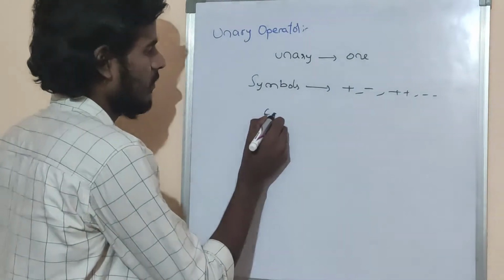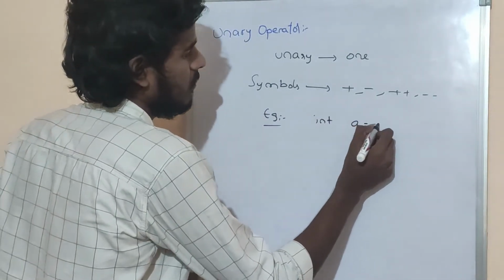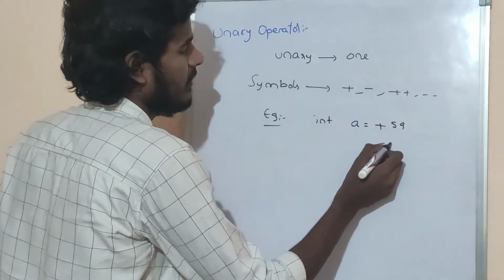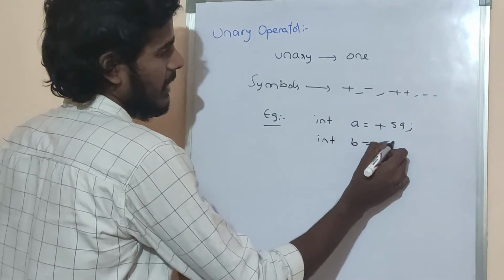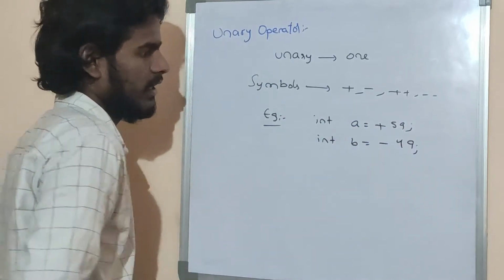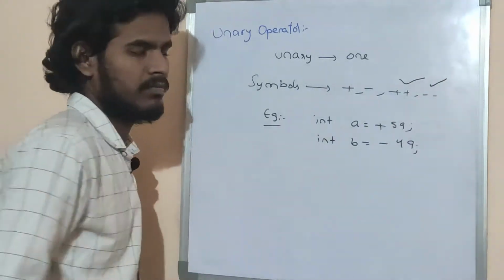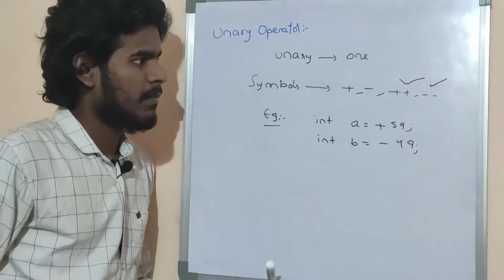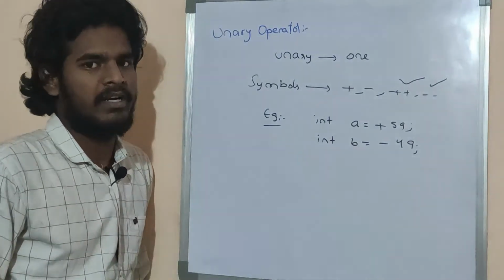Example: int a is equal to plus 59. Similarly int b is equal to minus 49. What are plus plus and minus minus? Here plus plus and minus minus are the increment and decrement operators.